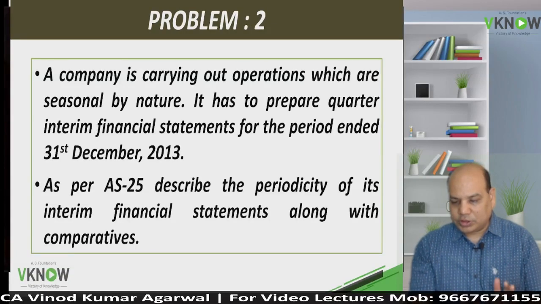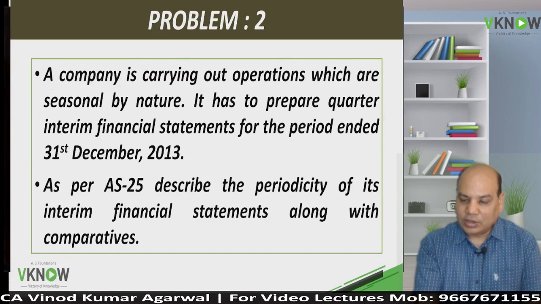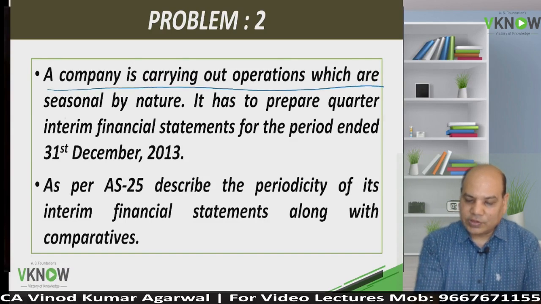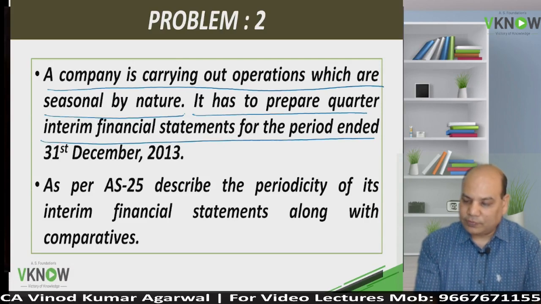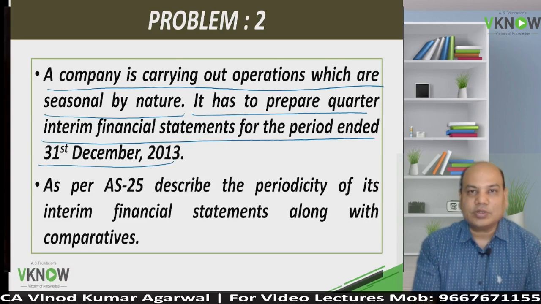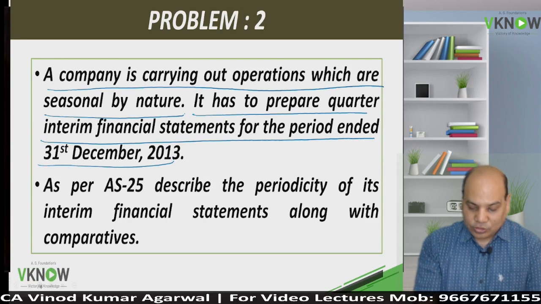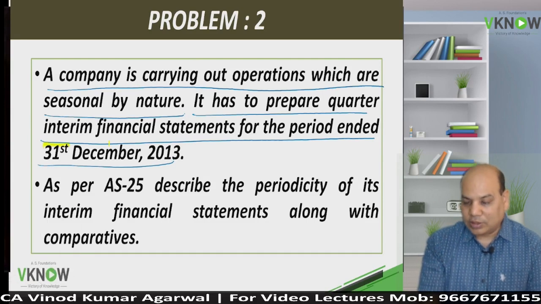So there is one question. Number 2. A company is carrying out operations which are seasonal by nature. It has to prepare quarter interim financial statement for the period ended 31st December 2013. So what is the quarter ending 31/12/13?